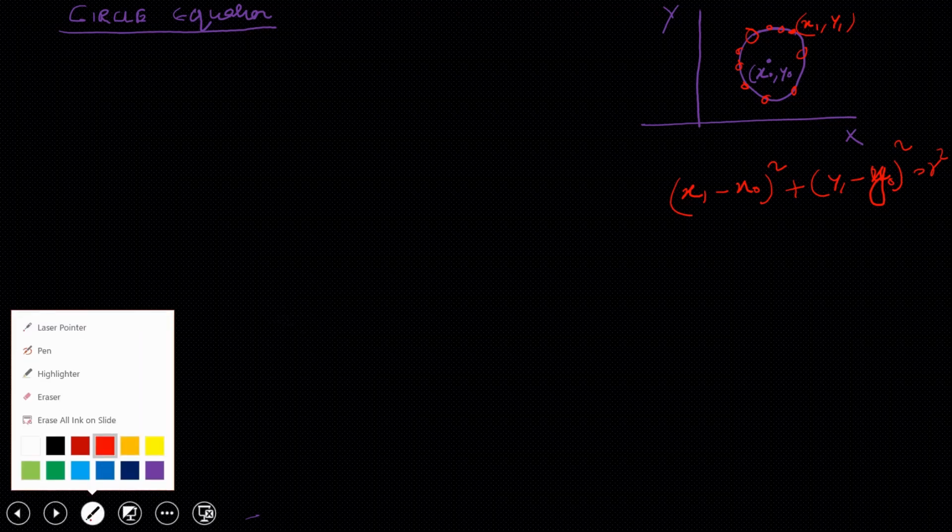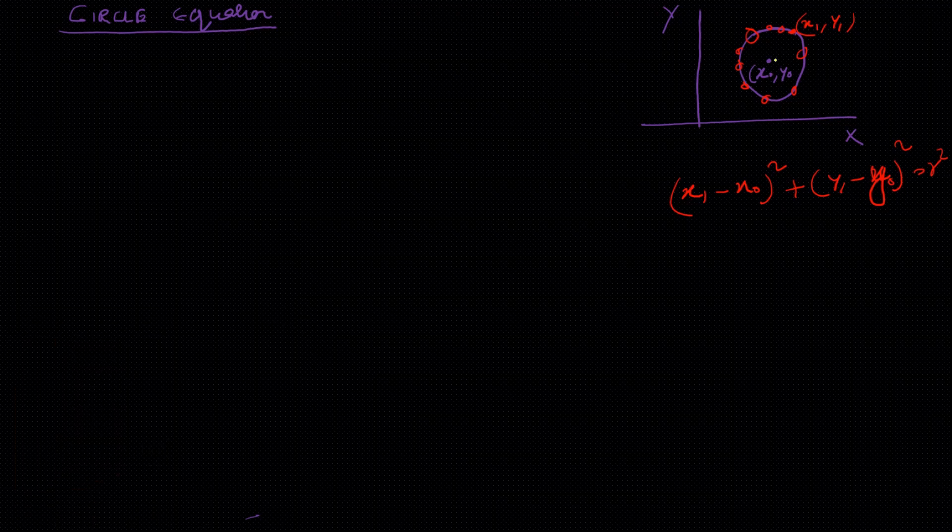It is coming from a simple mechanism. From here to here, this is your radius r, and if you want to know the length of your radius, then the equation would be this distance square plus this distance square, and whole root, by Pythagoras theorem.